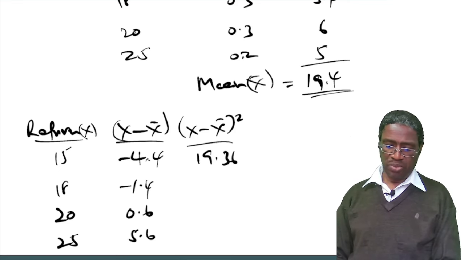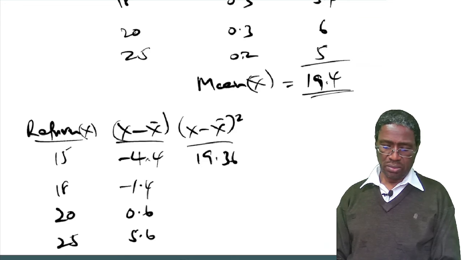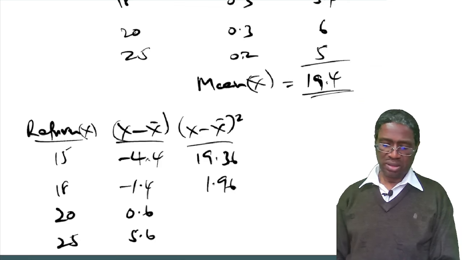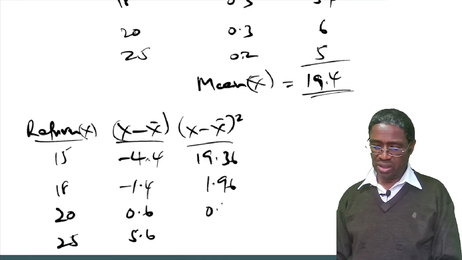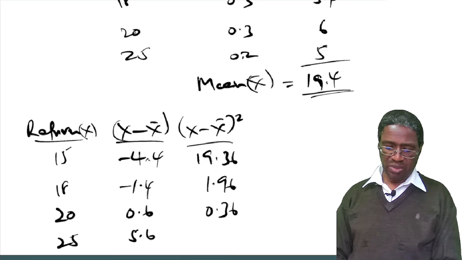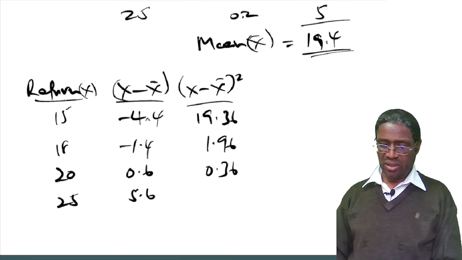Next one, 1.4 squared is 1.96. 0.6 times 0.6 is 0.36. 5.6 times 5.6 is 31.36.